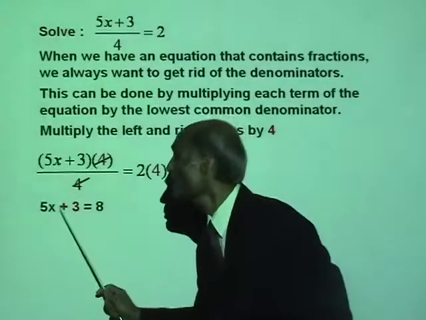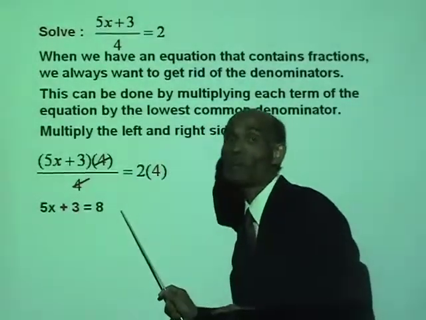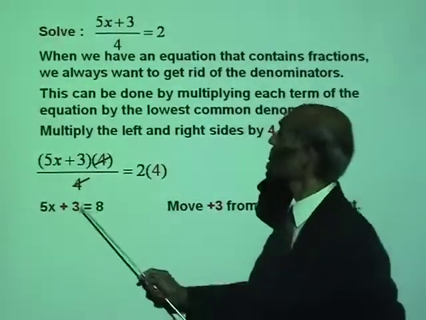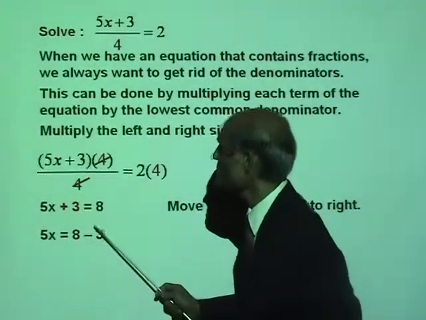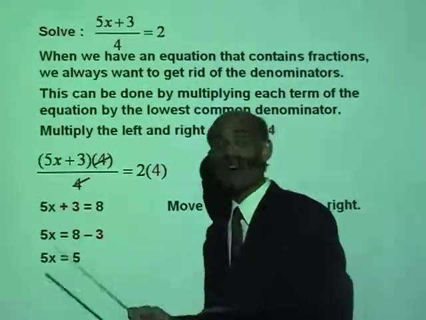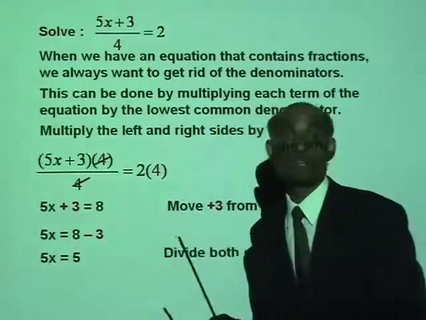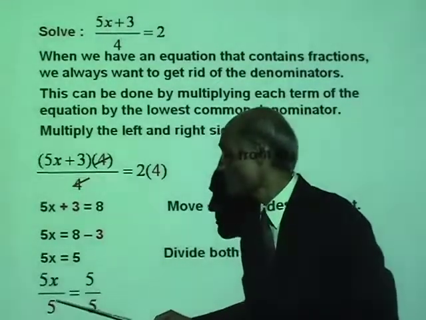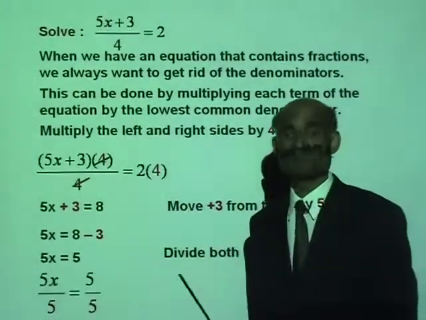And we now move this positive 3 from the left to the right. What will it become? It will become a negative 3. So move positive 3 to the right. We have 5x equal to 8 minus 3, or 5x equal to 5. We need to get x alone, so we divide both sides by 5. 5x divided by 5 equal to 5 divided by 5.